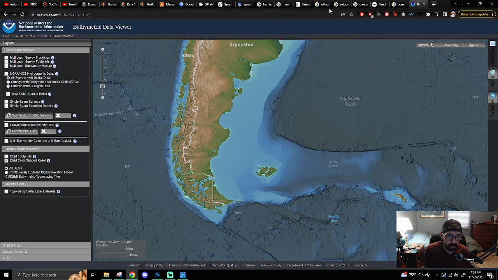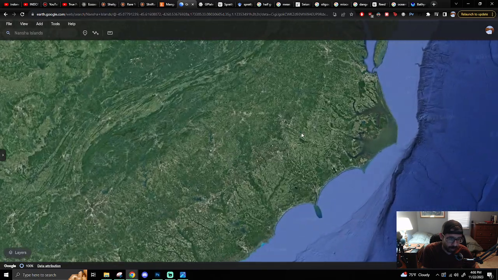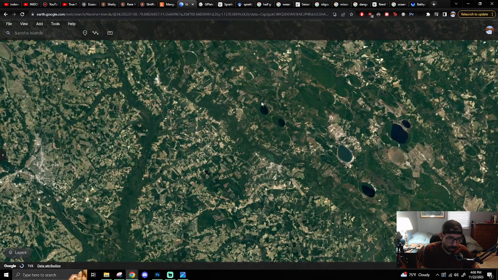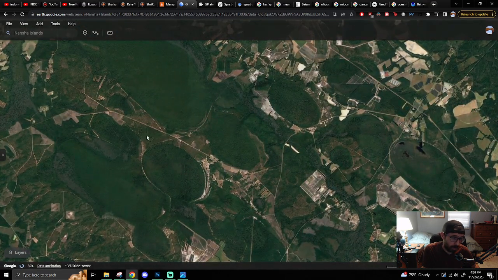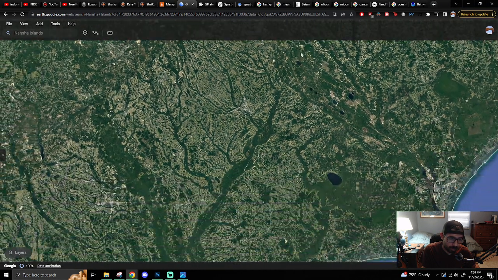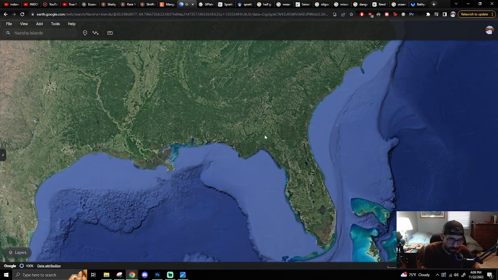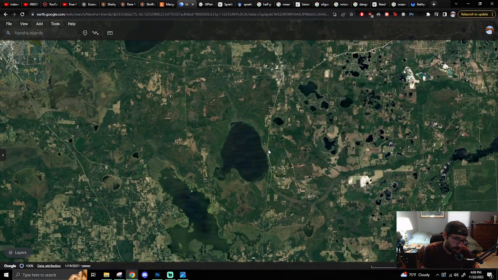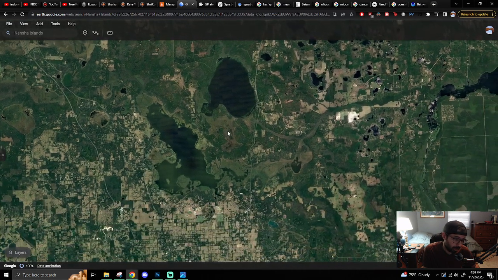It reminds me of the Carolina Bays. There's a lot of Carolina Bays like this. These are all considered Carolina Bays because of their shape. And they go down to Florida, down here. But if we look at Florida, is this a Carolina Bay? Is this a Carolina Bay? They're not called Carolina Bays.